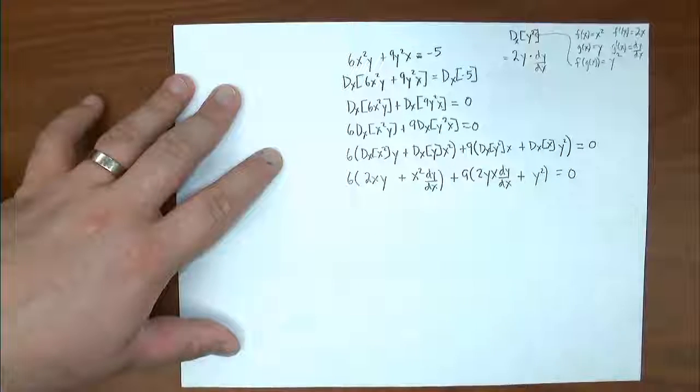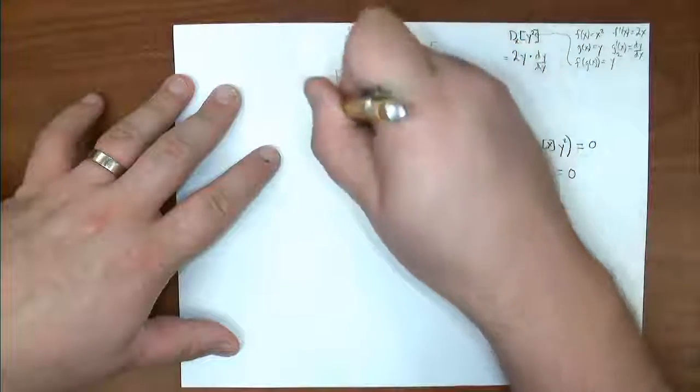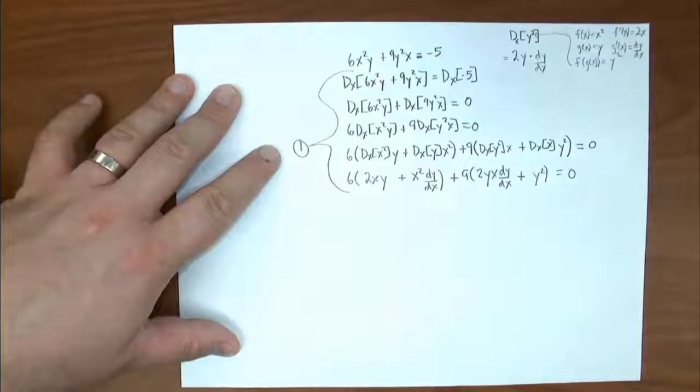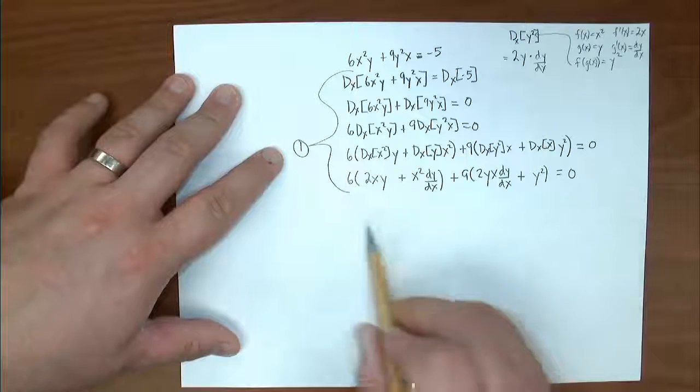Now, the process, we had this four-step process. The first step was to take the derivative of both sides. So we have done that now. So that's like step one so far. Step two is to isolate the dy dx terms on the left-hand side. So I need to distribute here.